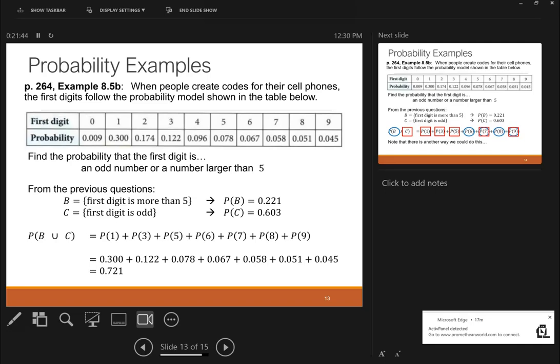Notice that is decidedly different than if we added the probability that the number is greater than 5 and added the probability that the first digit is odd. You get a very different answer, right? Almost 10% difference. Why are we getting the wrong answer there?